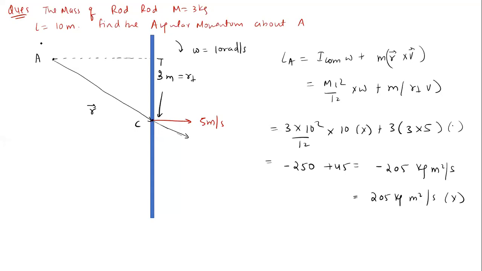Now the next thing is pure rolling motion. When I am talking about rolling motion, what do we understand by rolling motion? Basically, when a body has both translatory as well as rotary motion, then we say it is rolling motion.